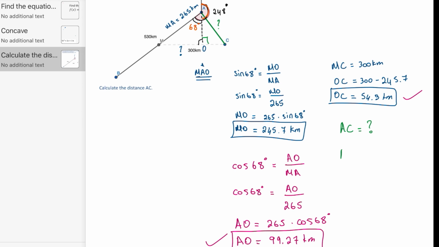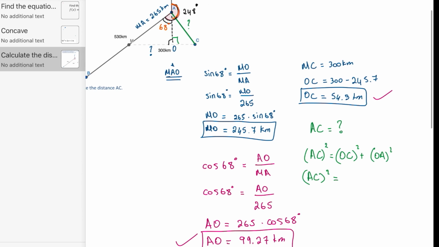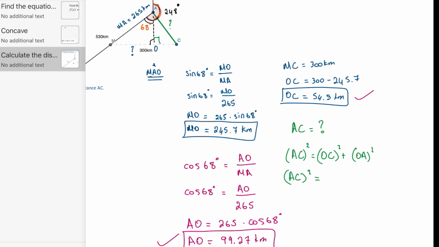So AC squared is equivalent to OC squared plus OA squared. AC squared will be equivalent to OC, so 54.3 squared plus OA, 99.27 squared.